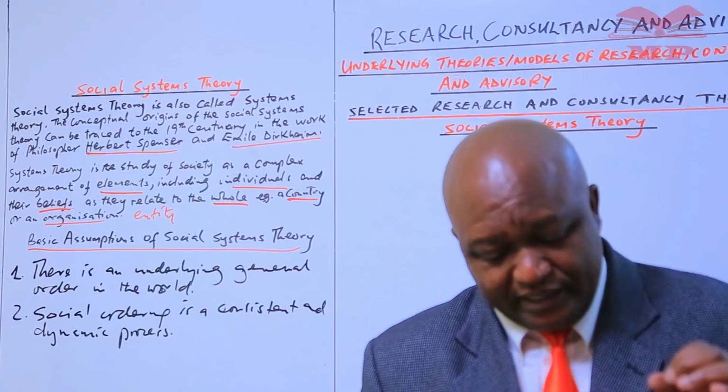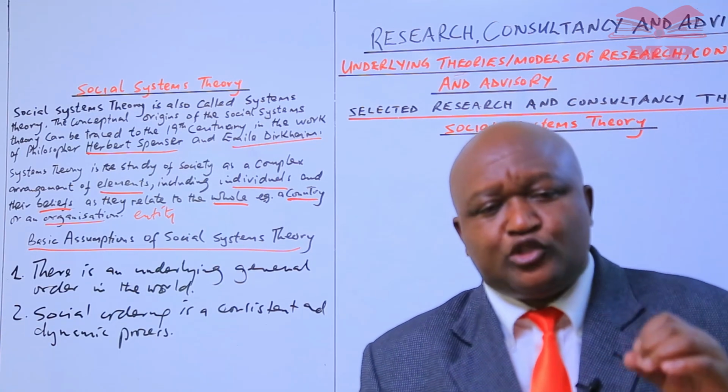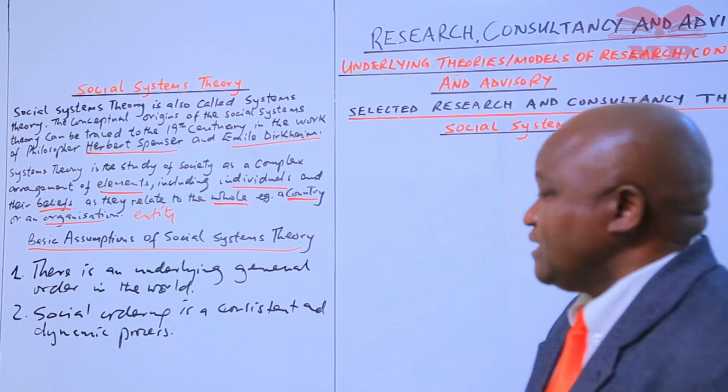The third assumption is that all human social behavior is purposive.